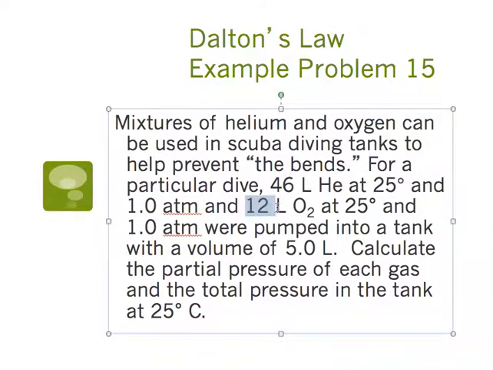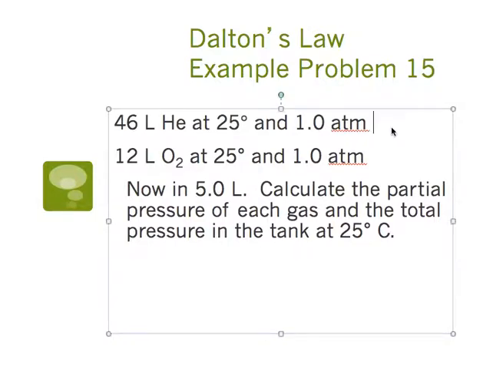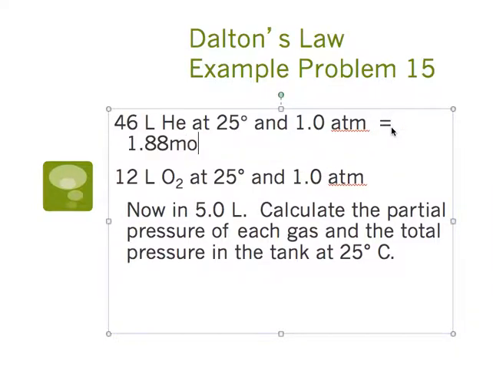And again, same idea here, 12 liters of oxygen at 25 degrees in 1 atmosphere, I can get moles of just oxygen. Okay, so that said, if I plug this into PV=nRT for the helium, I'm going to get 1.88 moles of helium.